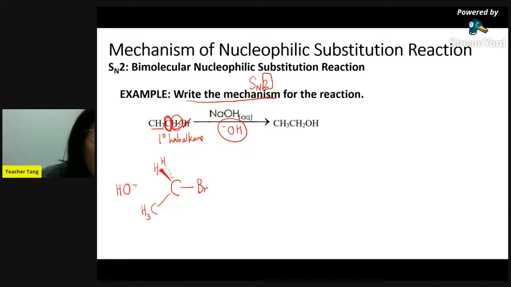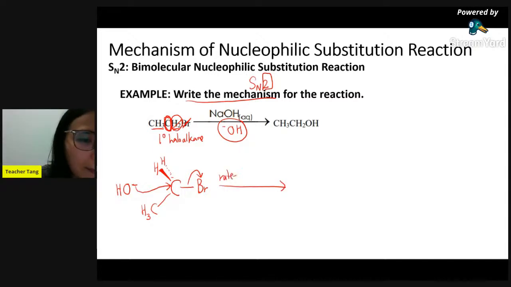Therefore, you need to draw the negative charge on the oxygen. So it attacks the carbon that is holding the halogen, and then the bond between the carbon and the halogen breaks. So this is the rate determining step, the slower step.